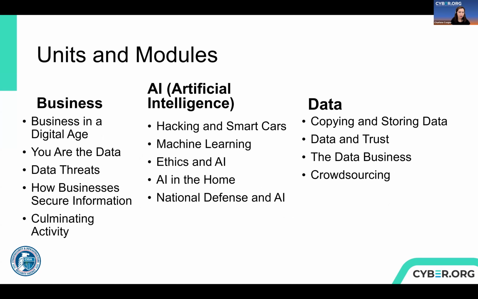Artificial intelligence looks at AI in the home and ethics and AI. And then data is one of our newer units, and we wrote data to be a place for middle school students. So these lessons here would be more appropriate for a middle school level to start with.